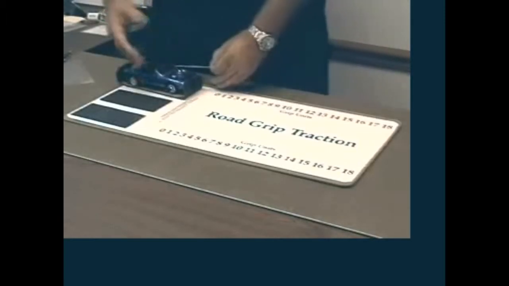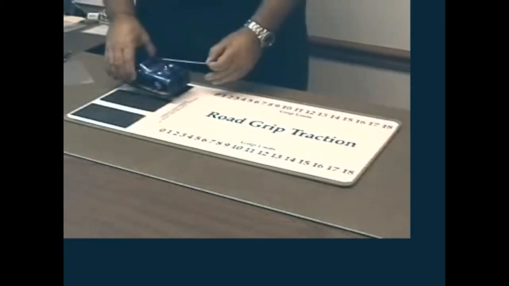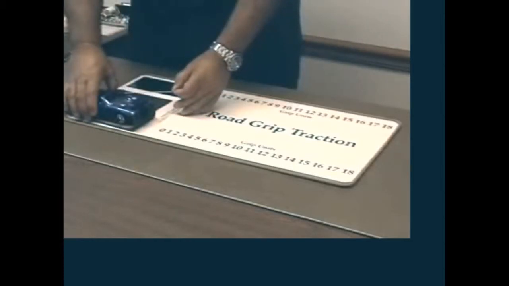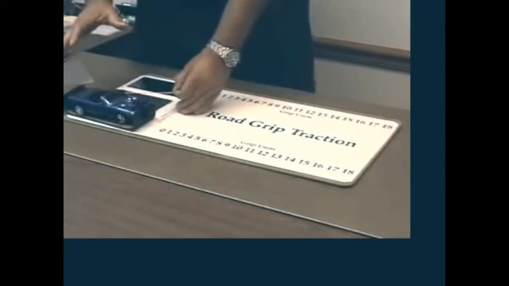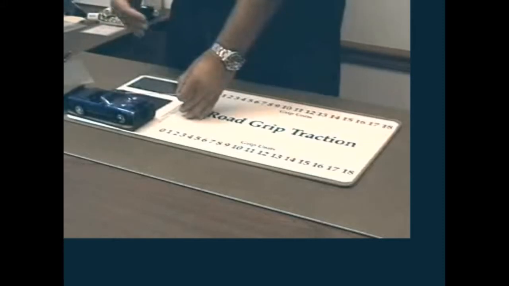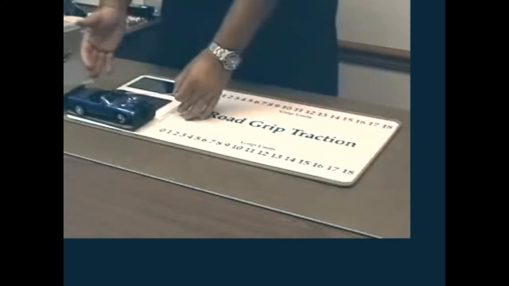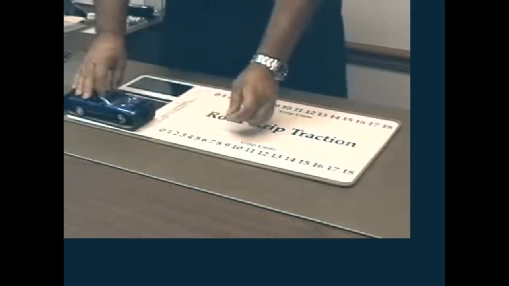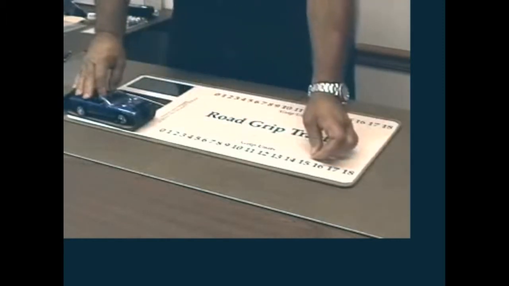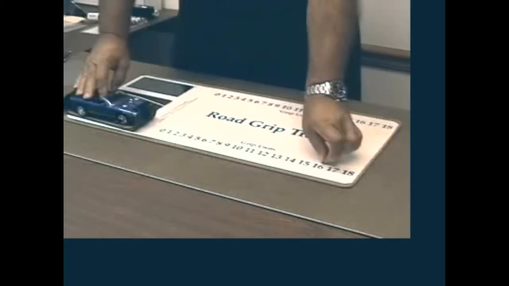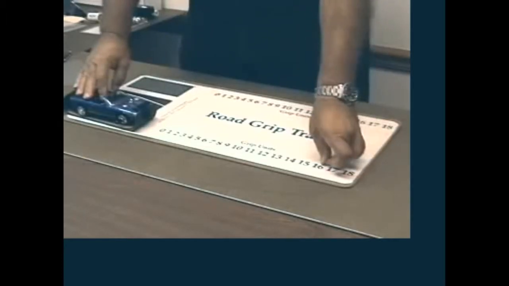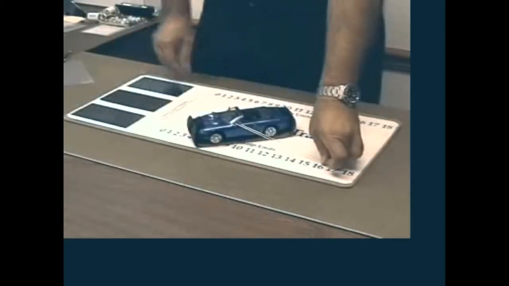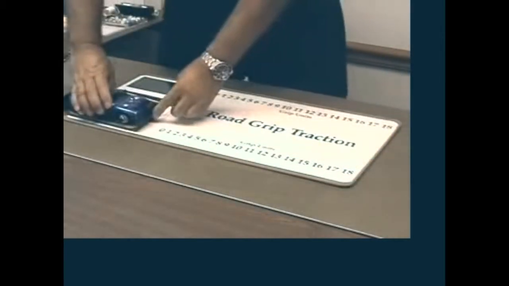And of course, the more energy we put into the situation, like let's suppose that we're on a perfectly dry road, good tires, excellent traction for the road surface, but we go in with excessive speed, which we will represent by putting in this amount of energy, and you see how fast the car breaks away.